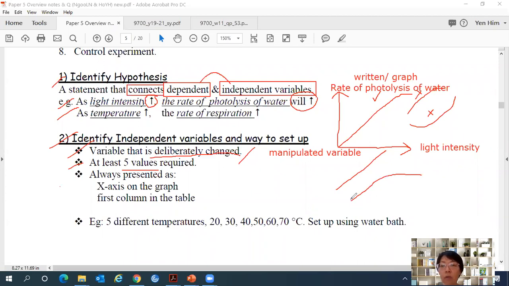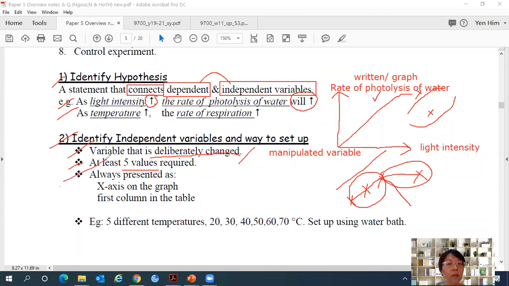If you only got 3 values, you get the first point, the second point, and the third point, you only get this shape. You wouldn't know that the shape will actually become horizontal later on. When you got 5 points, it's better. You do not know, so it's best to have 5 values minimum.